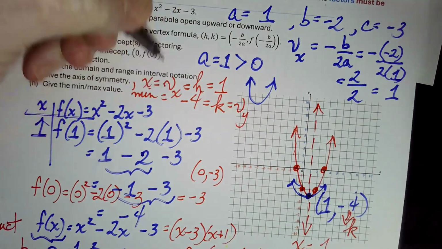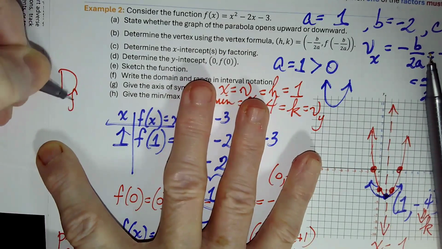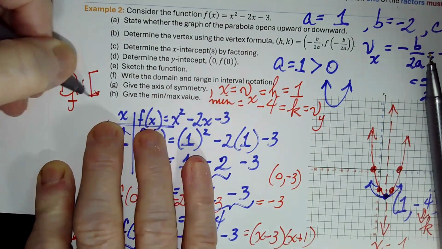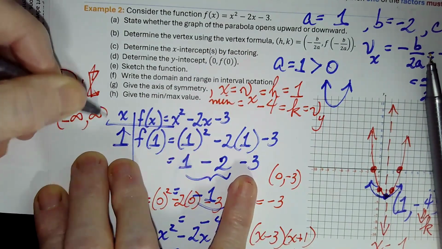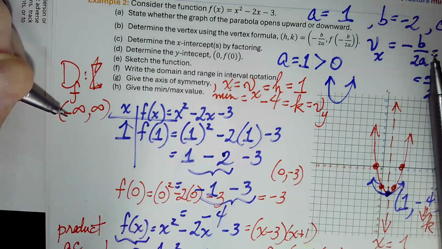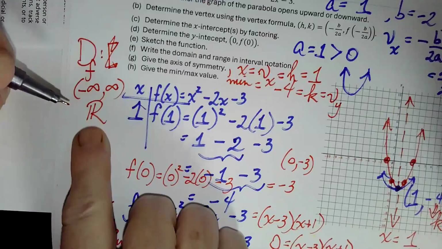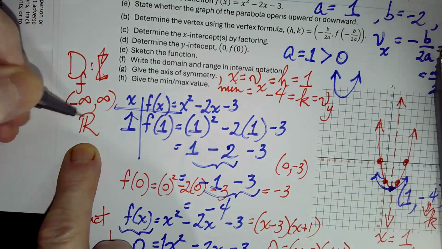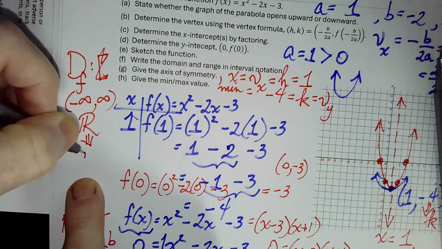So the domain of f starts at negative infinity and goes all the way to positive infinity, which means it's the entire x-axis. And a way that you can write the entire x-axis is an R with a double bar, and that stands for all real numbers.